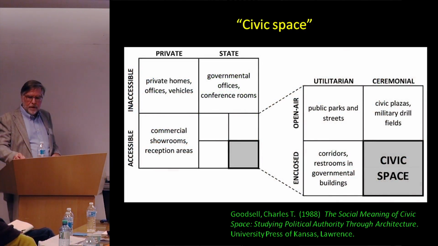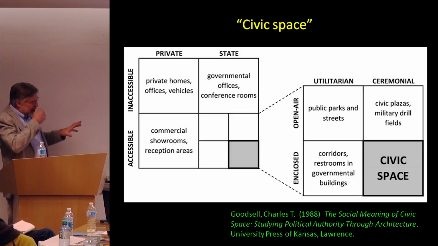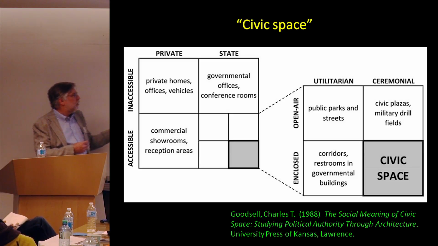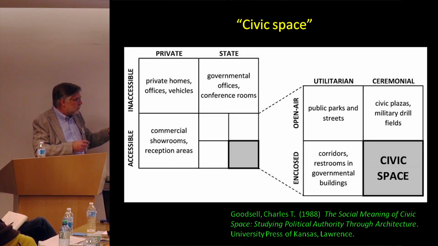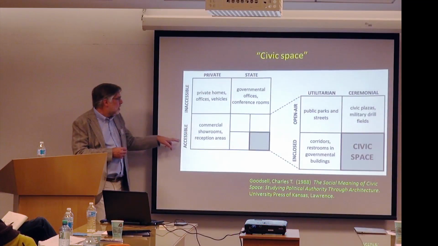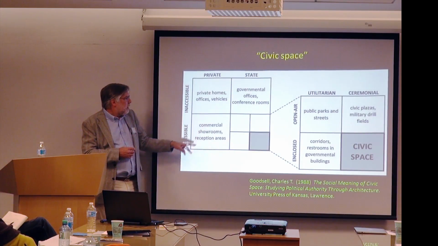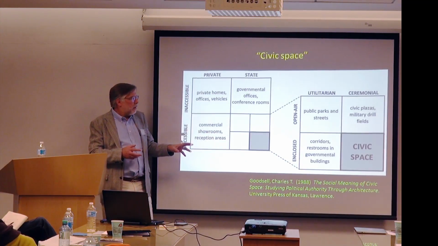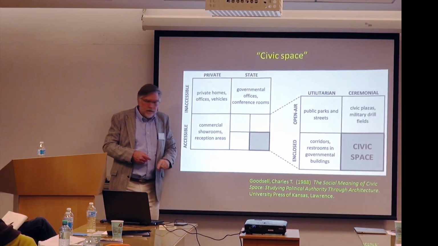Civic space. This is a scheme I really like. It's not directly applicable to ancient societies, but it's an approach to space where some of these are social variables, some are physical, built environment things, classifying space as accessible, inaccessible, private, and state, and you end up with this quadrant. If it's state space and accessible, then you go over here, and it's utilitarian, ceremonial, or open air, or enclosed.